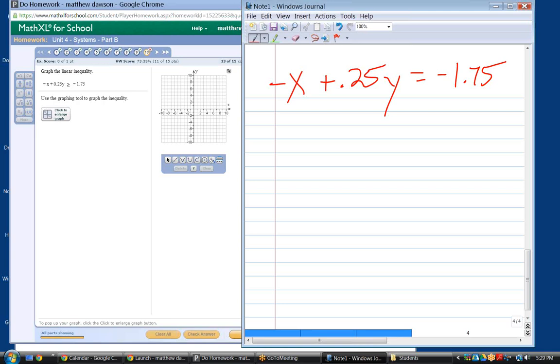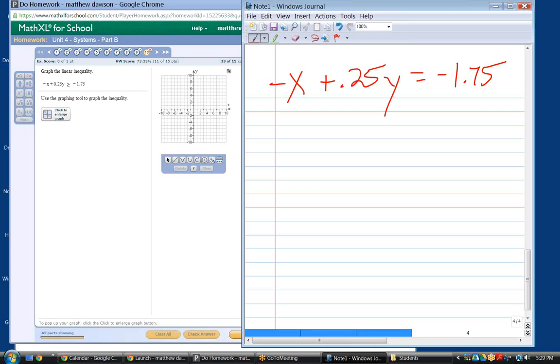There's a couple ways, actually. Most people would choose to put it into y equals mx plus b format. When you have it in y equals mx plus b format, you can graph the y-intercept, because that's b, and the slope is m, so you just add the slope to that point, and you have your line.